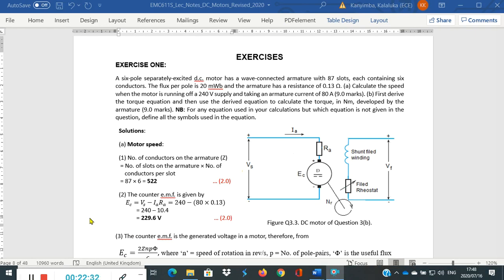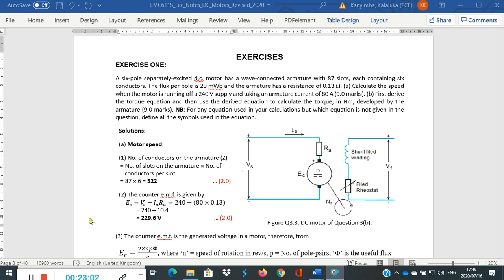Okay, to conclude our discussion of the first part of DC motors, let's look at two typical exam exercises. A 6-pole separately excited DC motor has a wave-connected armature with 87 slots, each containing 6 conductors.